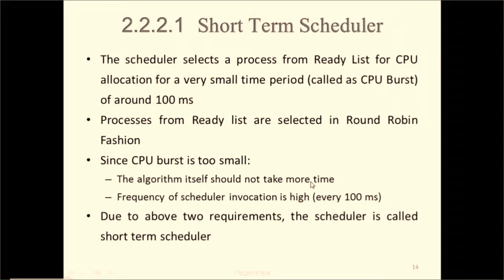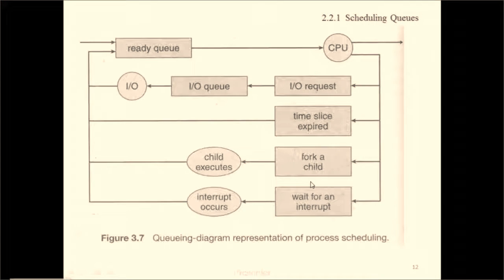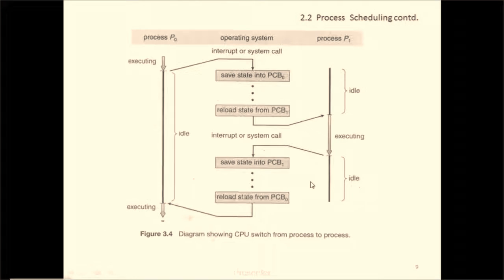Go back a few slides. Now observe here. This is the amount of time for which the process is actually executing, and we can say that the time from which the earlier process has stopped executing till the time at which the new process has taken up is idle time.